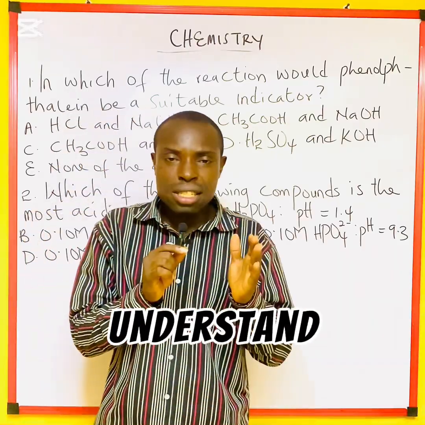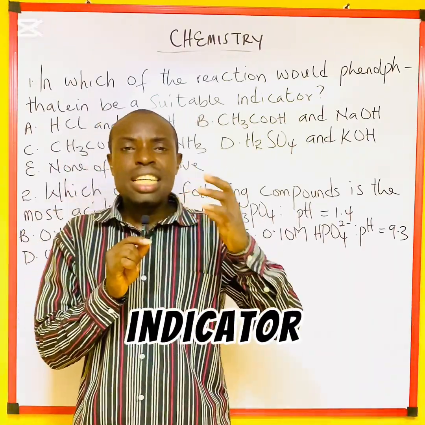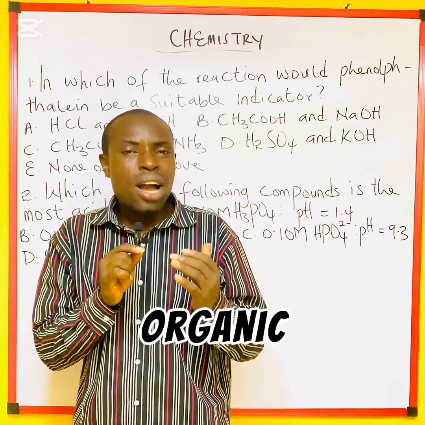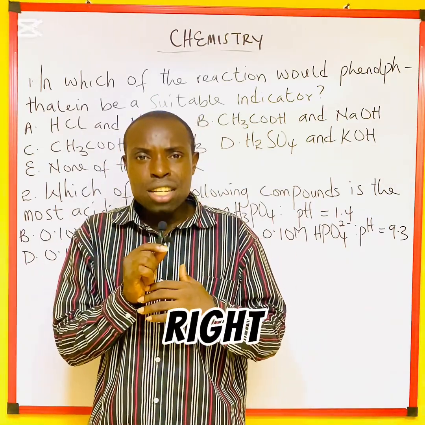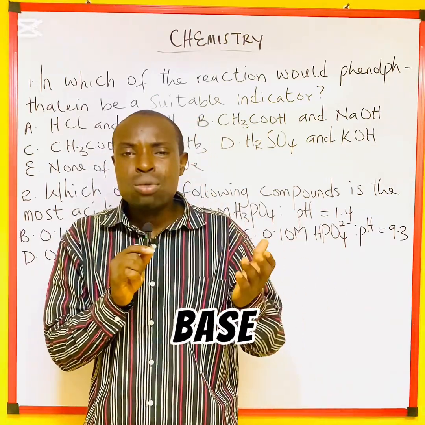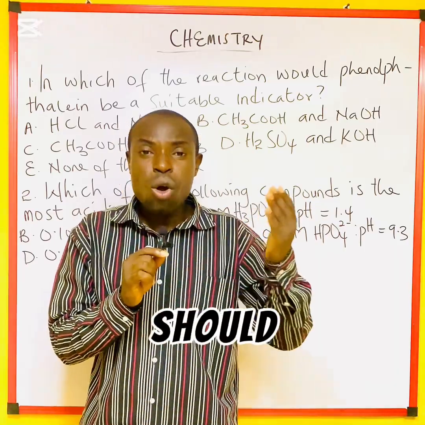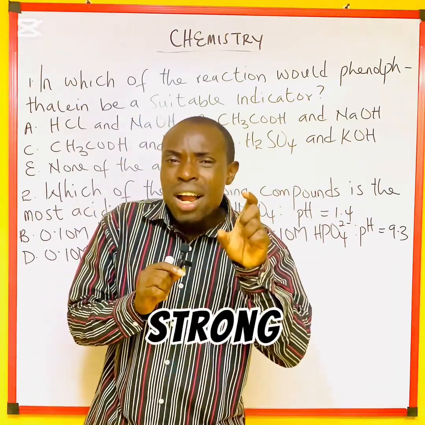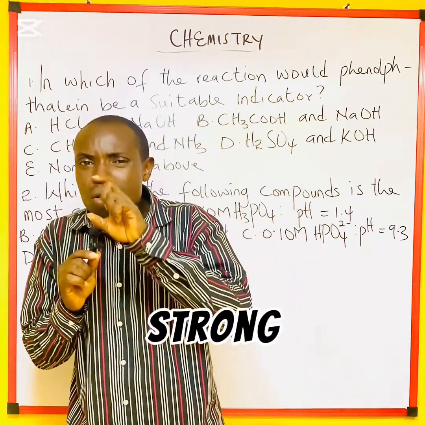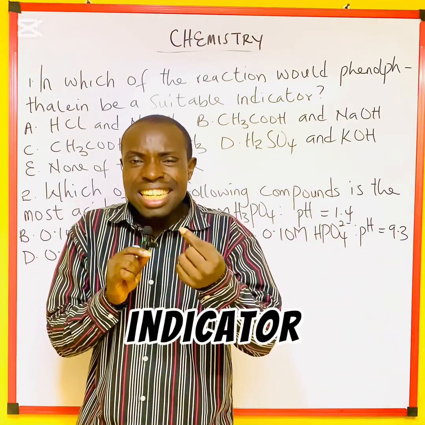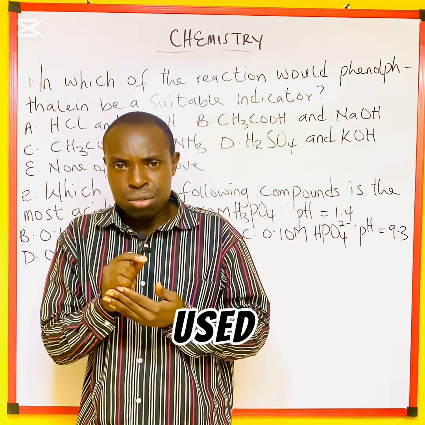Now, we should understand that indicators are weak organic acids and bases, which are used in acid-base titration. With a strong acid and a strong base, any indicator can be used.